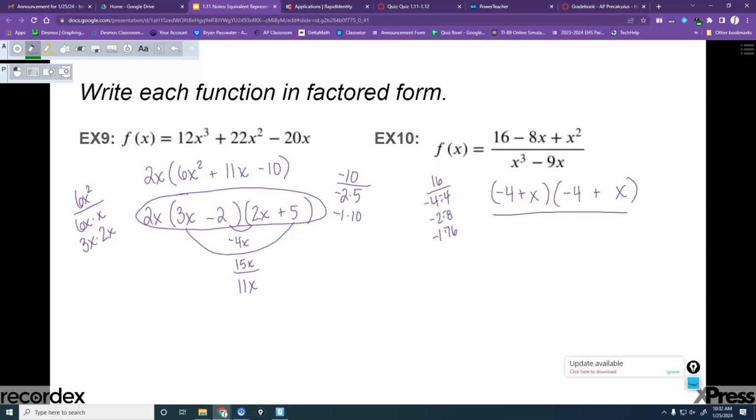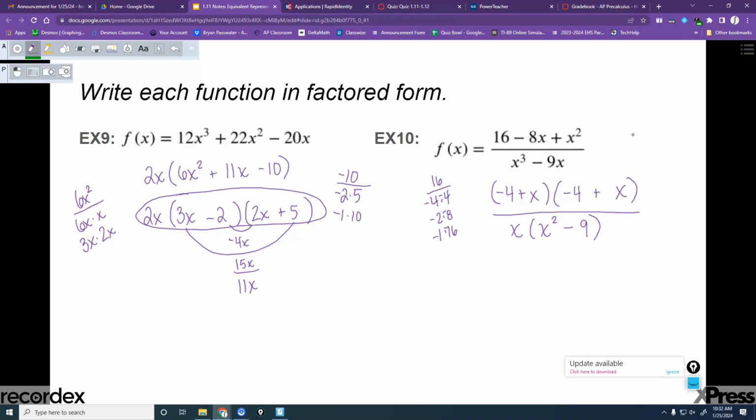And then in the bottom, I have a greatest common factor. Those both have x's, so I could factor out x times x squared minus 9, like that. And will that factor any further?